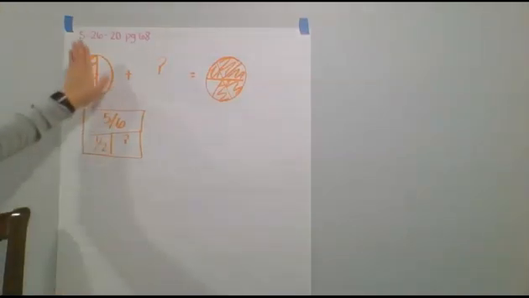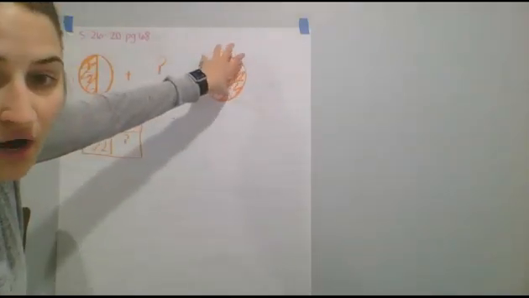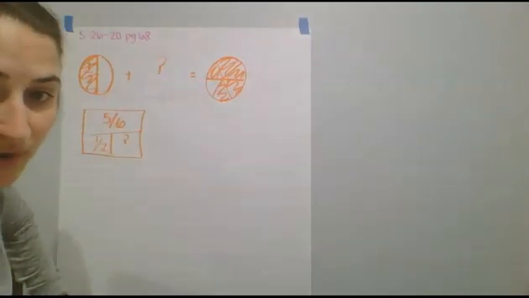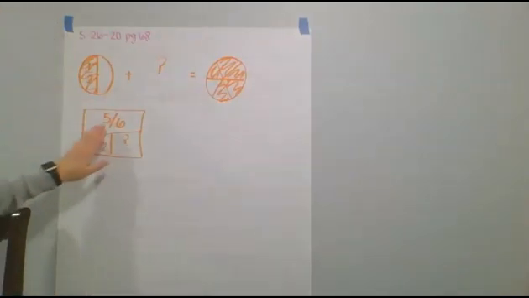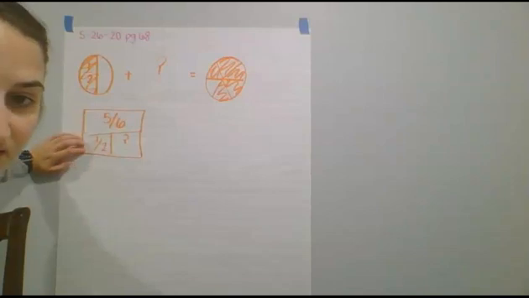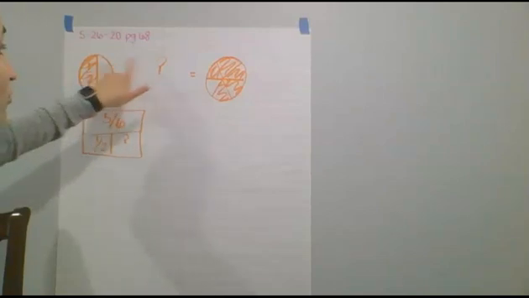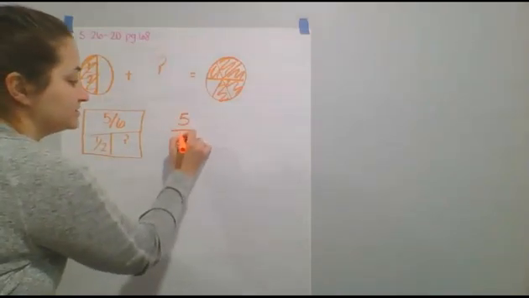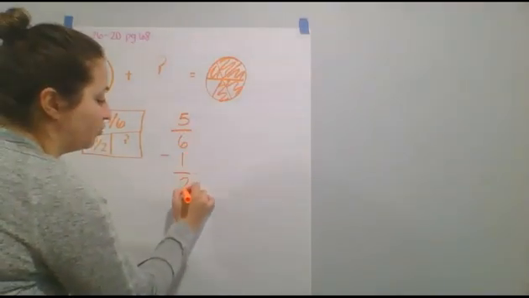So what we're going to do is figure out how we can take our whole and figure out what this part is based on us knowing one of the parts. So we know we can take 5/6 and subtract one half because both of these units are pizza. All right. So I'm going to take my 5/6 and I'm going to subtract one half.